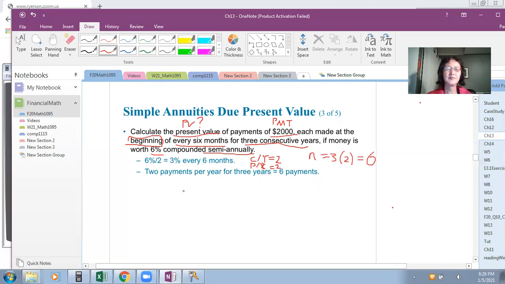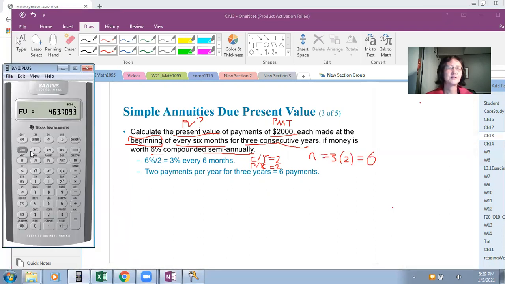So now we can use the calculator, then Excel, and finally the formula: 3 methods to solve present value for a simple annuity due. Start with second quit to clear any previous entries.